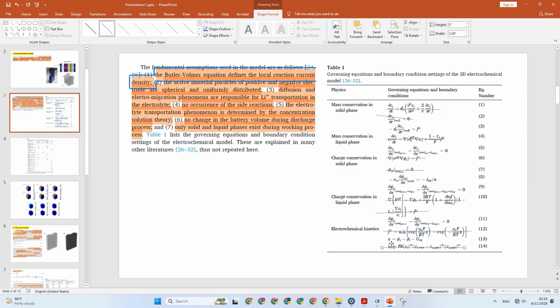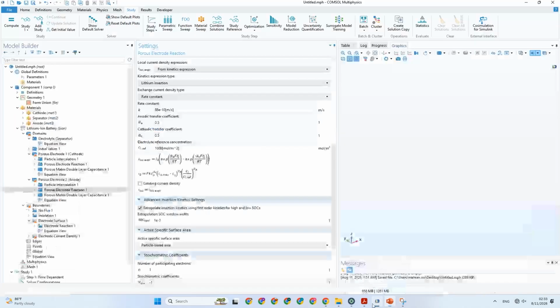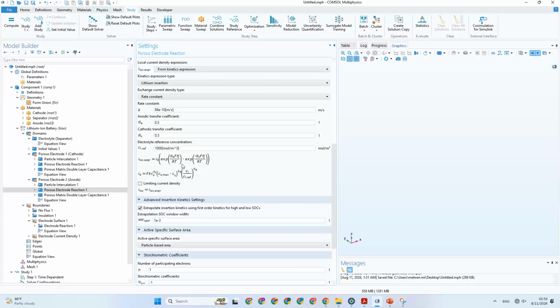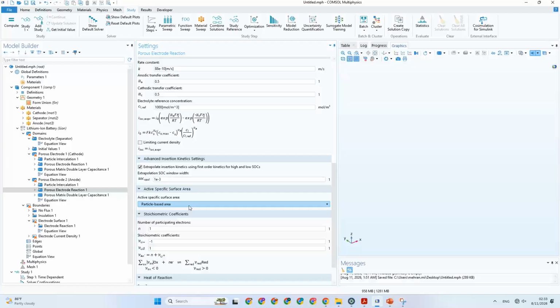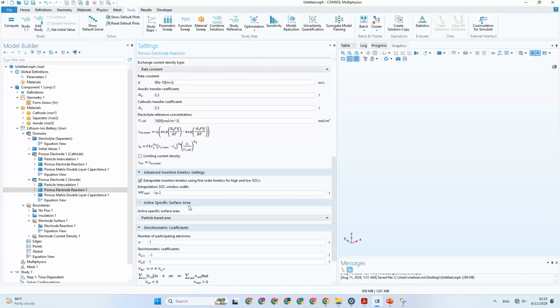What about eta? Where is the eta? Limiting current density. No, it must be not checkbox tick.